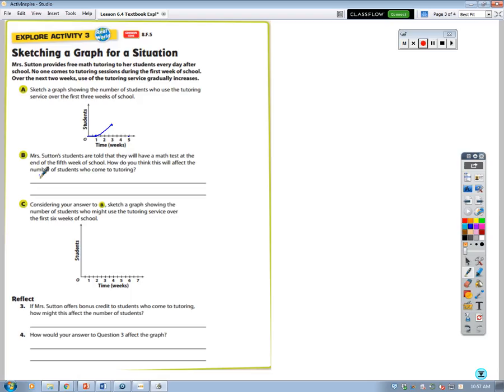So we can say the number of students will likely increase. So we're going to go ahead and draw an increasing line up to week 5.